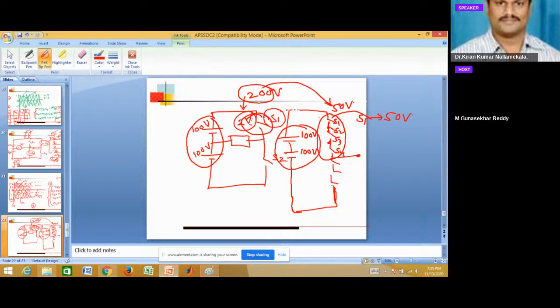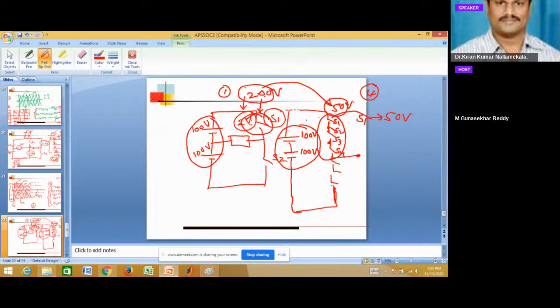Here we need four switching devices, there you need one switching device. But the cost of one low-rated switch is very small compared to a high-rated one. As the voltage rating increases, the cost of the switch becomes very high compared to a 50 volts switch.